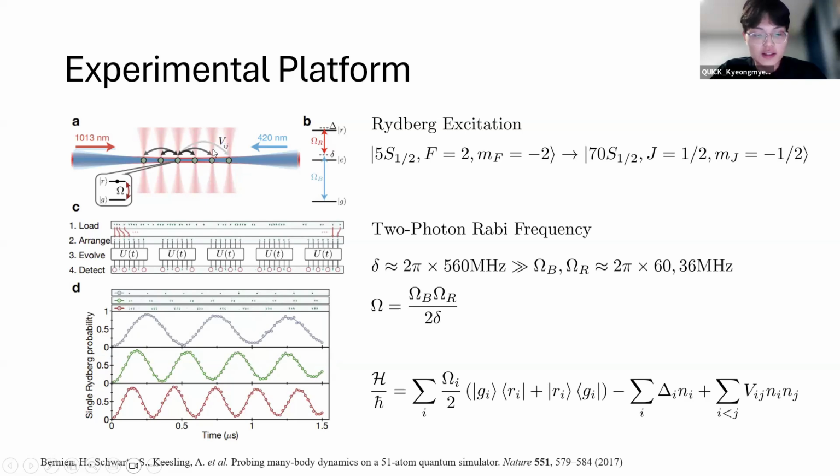Then after some time, we detect the final state using fluorescence imaging. Atoms in the ground state remain trapped, whereas atoms in the Rydberg state are ejected from the trap and detected as the absence of fluorescence, because the electron of the Rydberg atom is so far away from the nucleus, and this results in high polarizability.